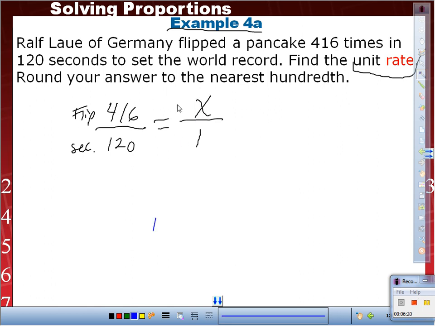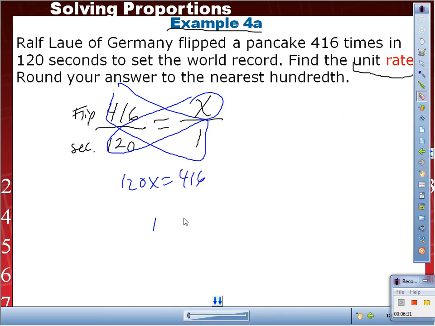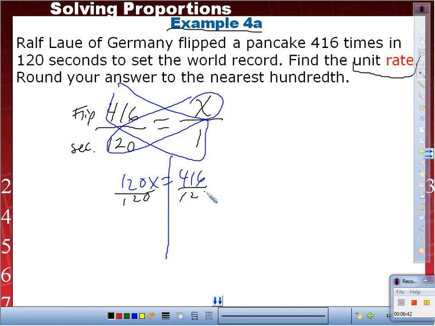Therefore, let's cross multiply, starting with the variable. This is 120x equals 416. Line down the equal sign. Let's see, divide by 120, divide by 120. x equals 416 divided by 120.